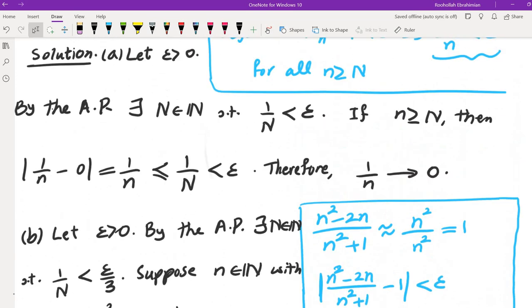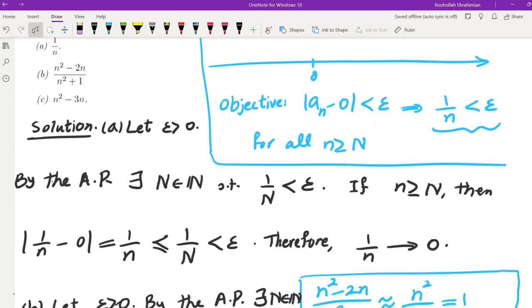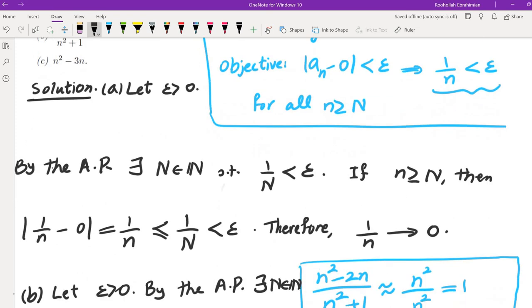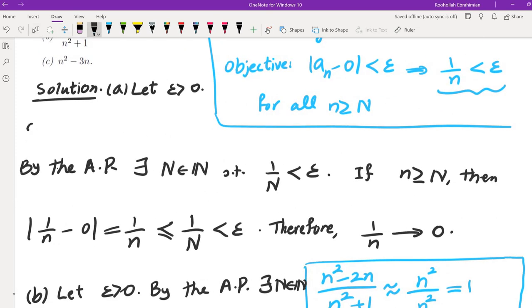And it may not be a bad idea, in fact it is a good idea, to make the claim at the beginning. So for all of these parts, I will write down the claim at the beginning. The claim is that the limit of 1 over n is 0 as n approaches infinity. That makes things a bit more clear.